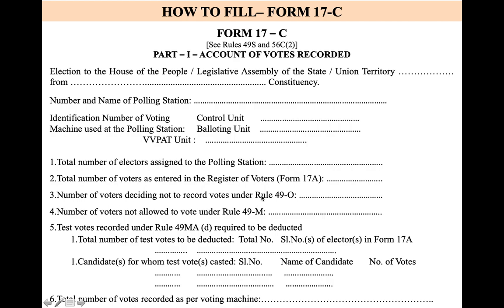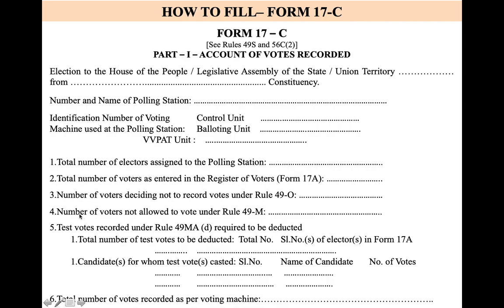How many voters on that day have refused to vote? That number you will record. Suppose Rakesh was one person, and maybe there will be some more. Suppose 5 have refused to vote on that day after entering all the details and following all the due process of election. So you will enter 5 here.